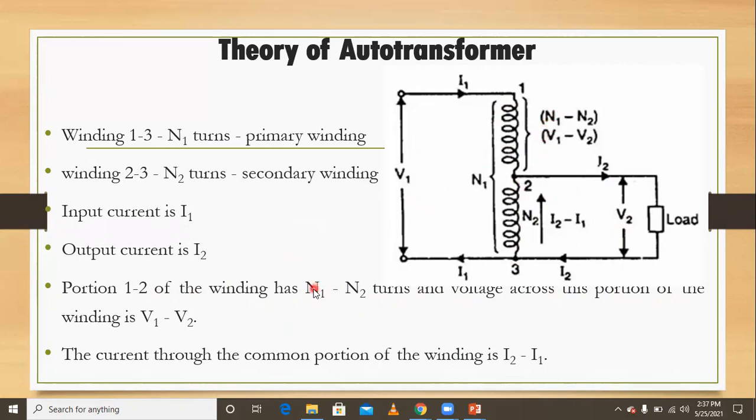The current through the common portion of the winding is I2 minus I1, because current I1 is entering like this and current I2 is leaving like this.